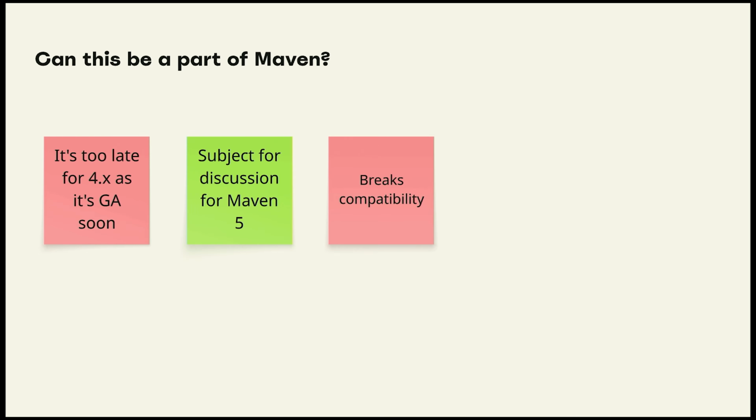Can this be a part of Maven? First, Maven 4 will be released quite soon, so it's too late to consider this as a possible option. But I hope this optimization can be a subject of discussion for Maven 5. What I'd like to emphasize here is that this change breaks compatibility.